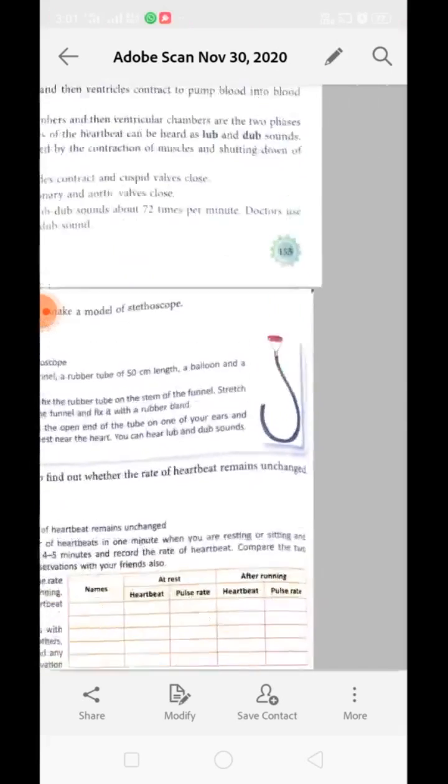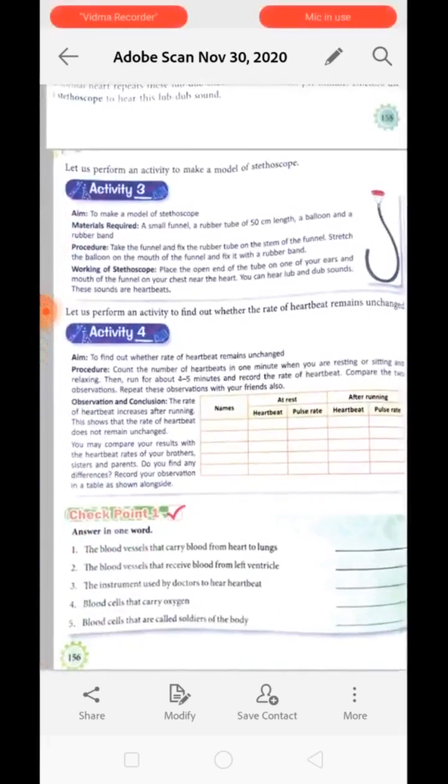Now in activity number 4, what do we have to do? We have to find out whether the rate of heartbeat remains unchanged. For this, count the number of heartbeats in 1 minute when you are resting, sitting or relaxing. Then do the same after you have run for 4 to 5 minutes.